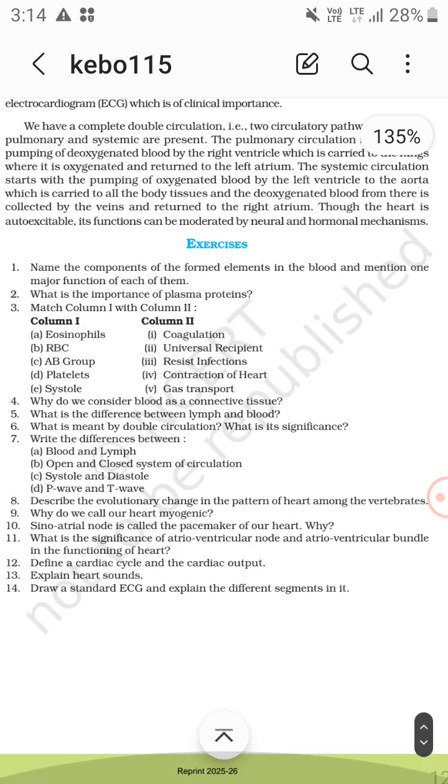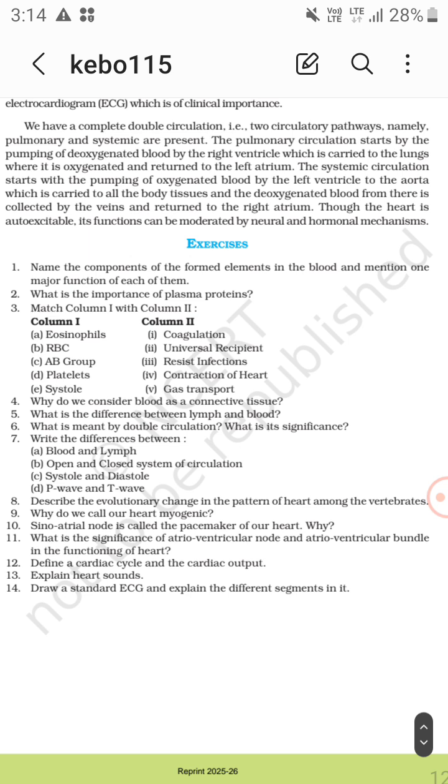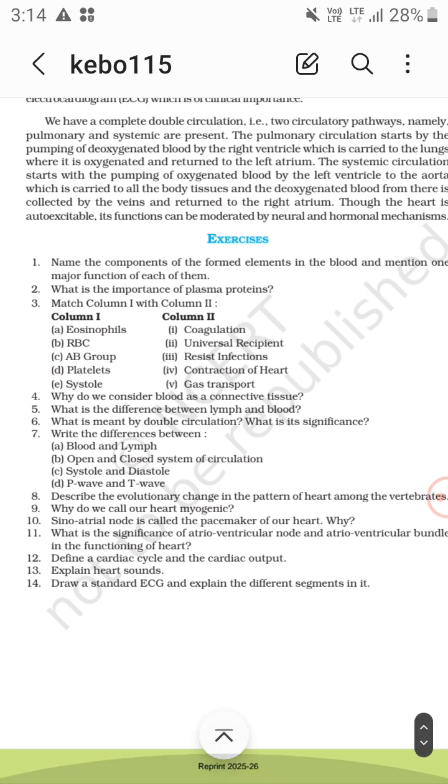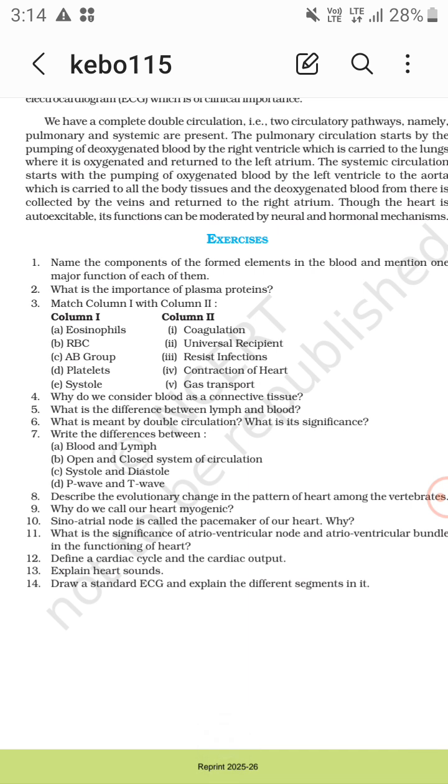Now, why do we consider blood as a connective tissue? Because it connects all the body functions through the blood transport protein, that is hemoglobin. It is a specialized connective tissue. Now, what is the difference between lymph and blood?